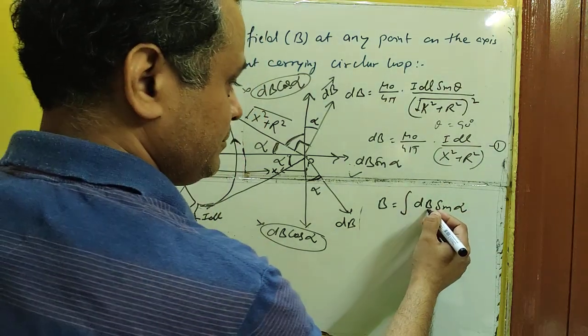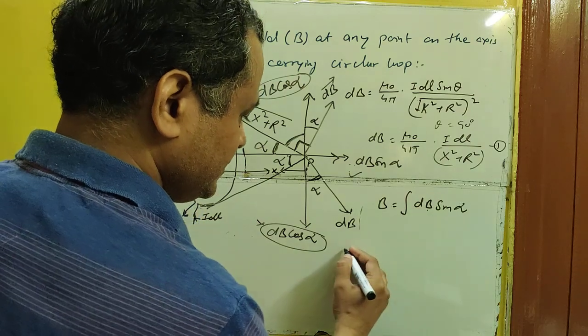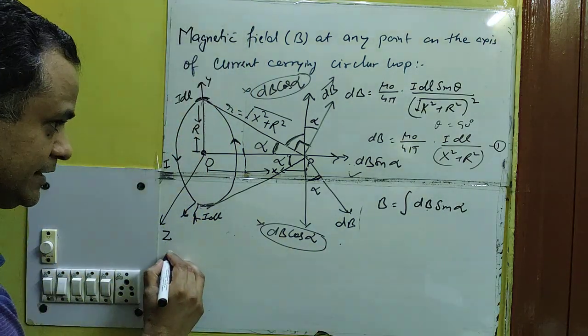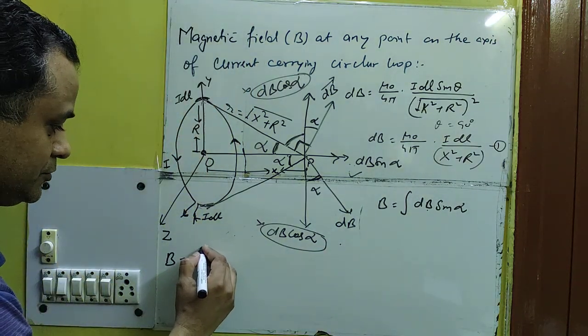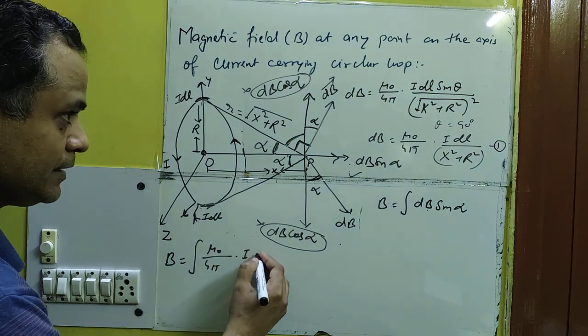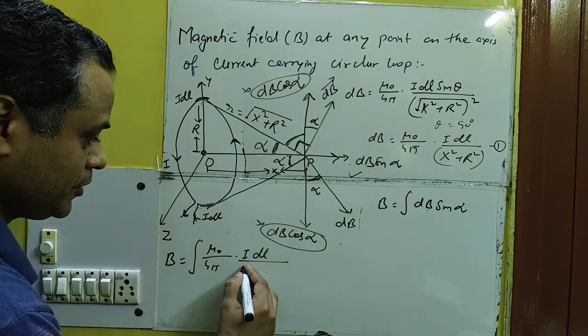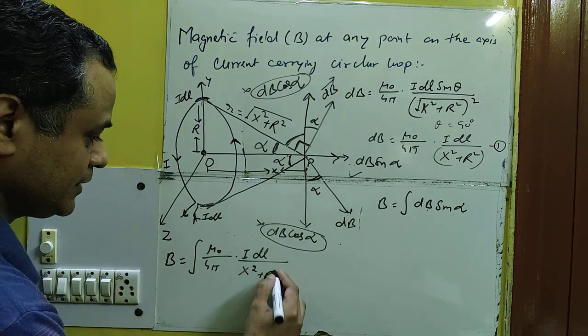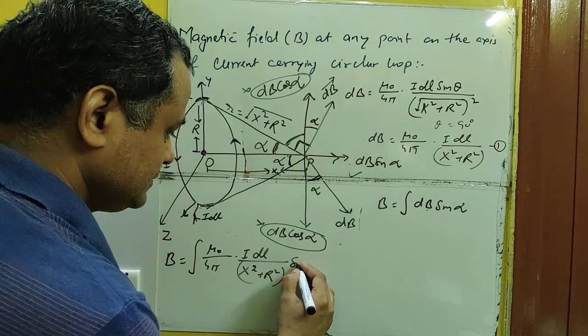Now children, I will put the value of dB from equation 1. What we get? We get B equal to mu naught upon 4 pi, I dl upon x square plus r square, sin alpha.